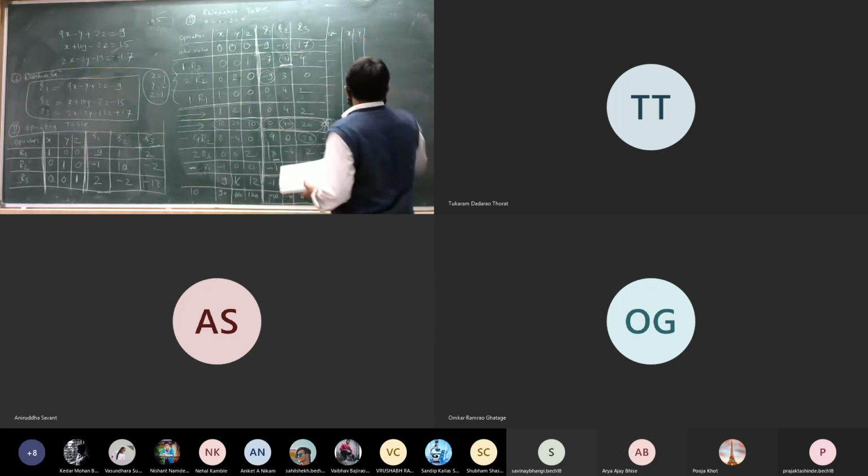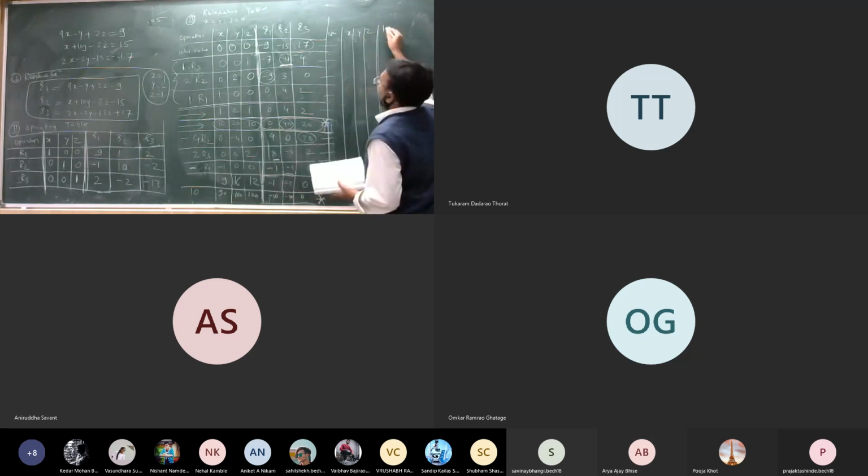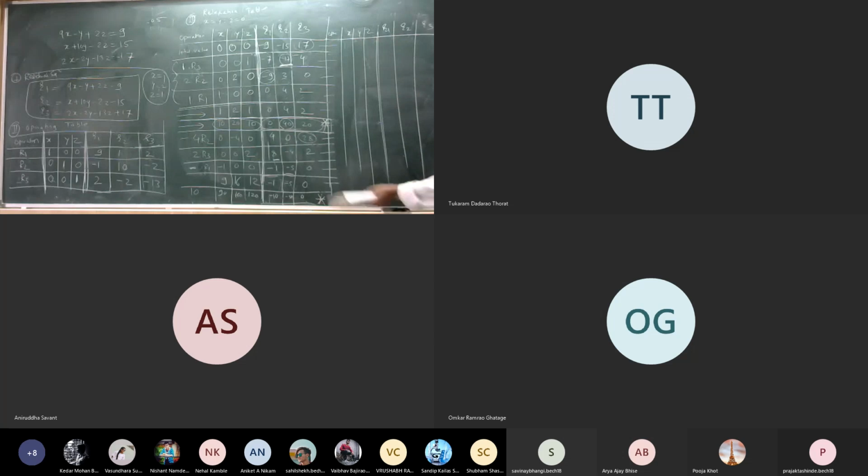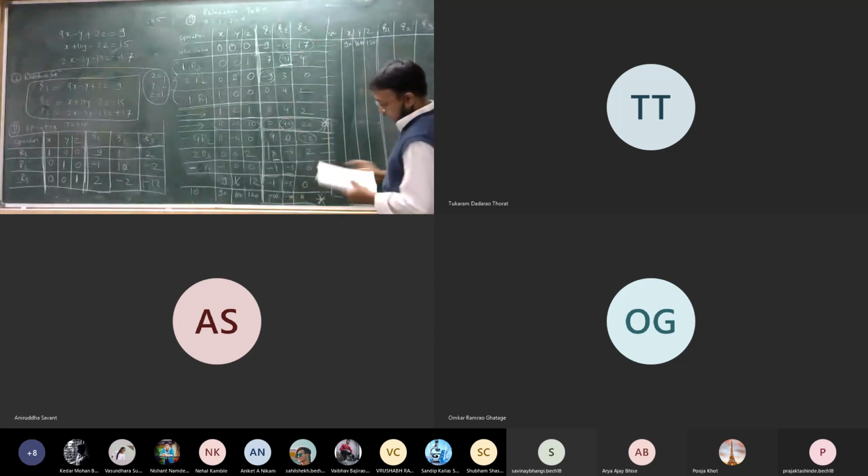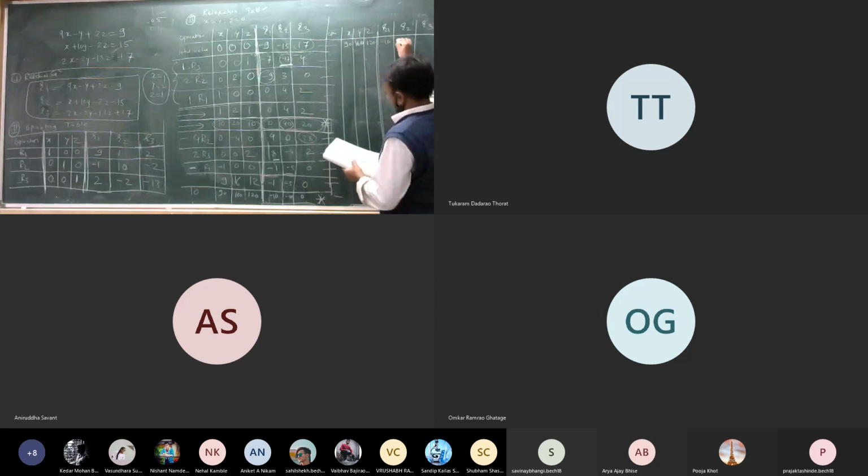x, y, z, r1, r2, r3. So what were the remaining terms last time? That was 90, 160, and 120. The remaining were minus 10, minus 15, 0.